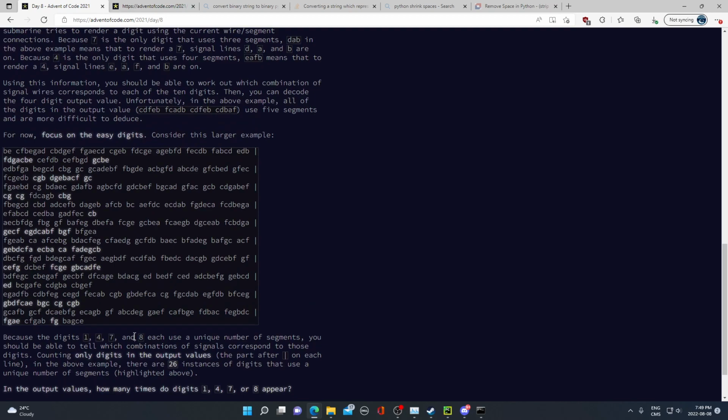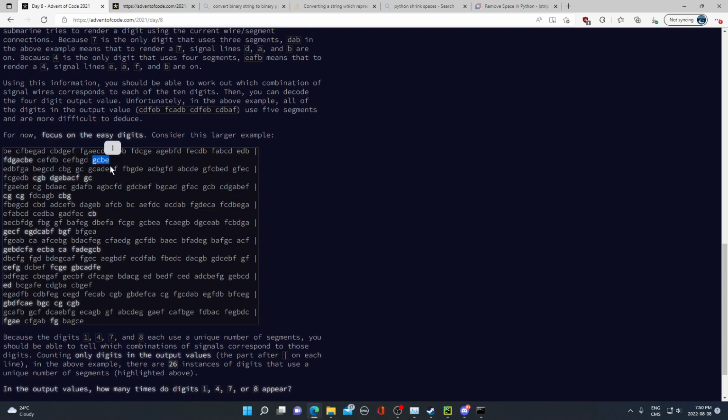The lengths of 1, 4, 7, and 8 are unique, corresponding to 2, 4, 3, and 7, respectively. So I would split that line by the delimiter. The left side, I search for all these lengths, store those into a temporary variable, and then compare the exact same strings with the entries on the right.